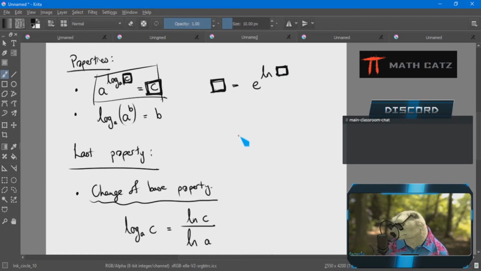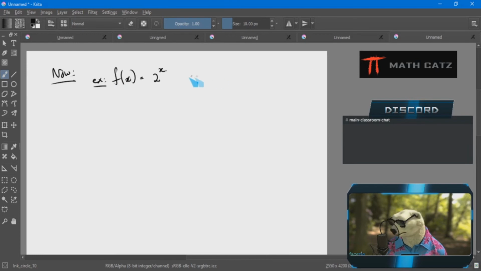Okay. It doesn't matter what is in this square. C was never specified in this property. This is what I'm going to use. Now this is in the square. Doesn't matter what it looks like. e to the natural log of that same thing is always going to be true.